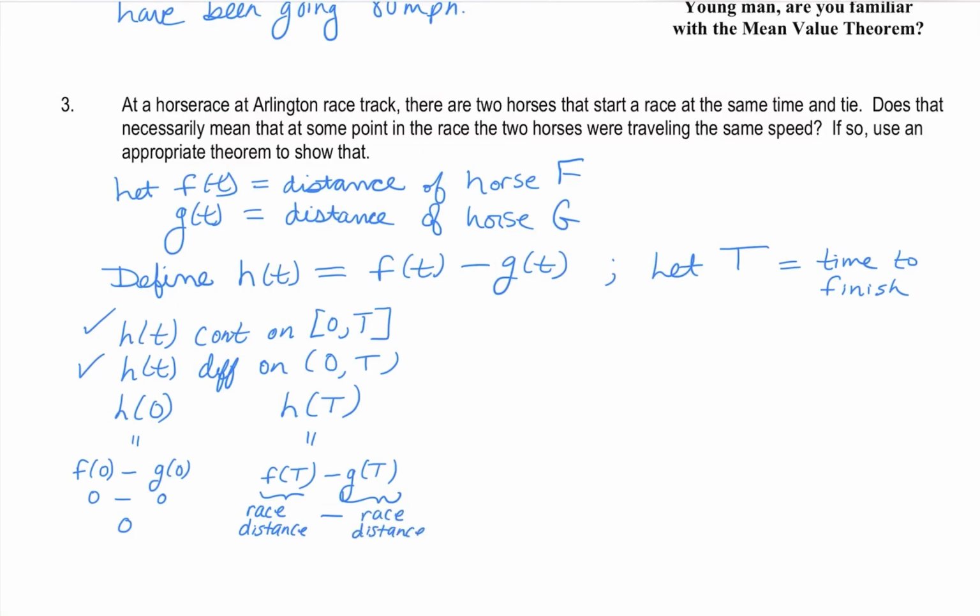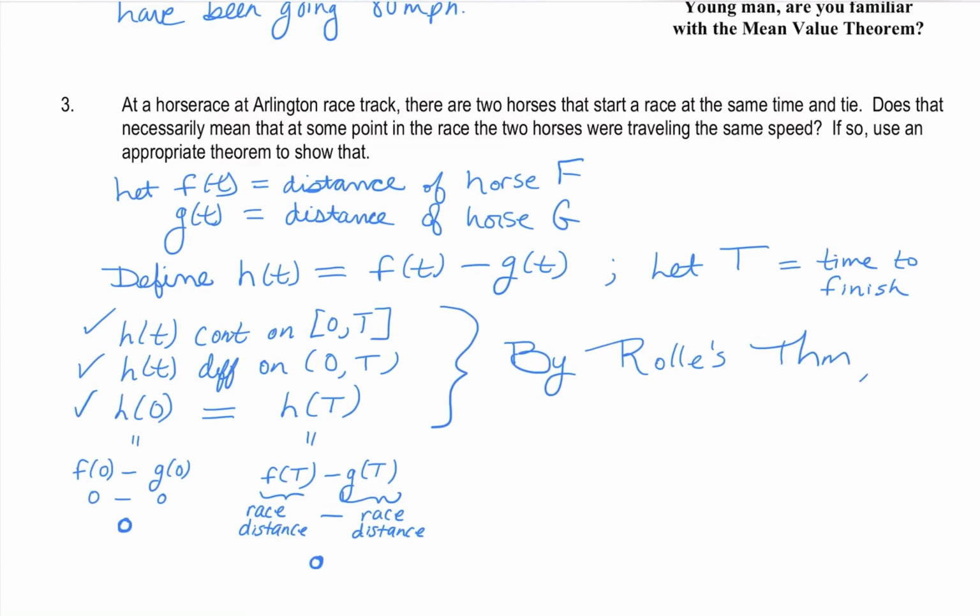Obviously when you subtract these, we end up with 0. So what we now know is both h of 0 and h of capital T are equal to 0, and this tells us that we have a Rolle's theorem situation. Rolle's theorem is going to apply here.